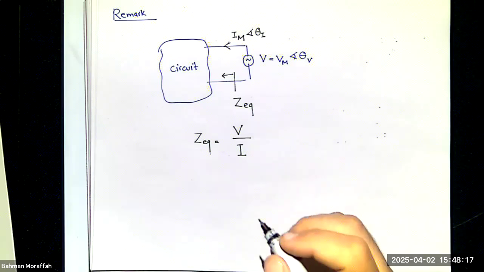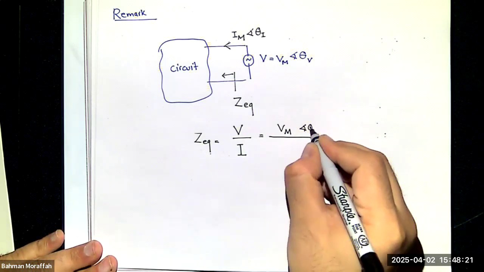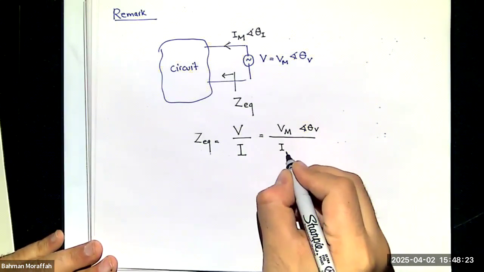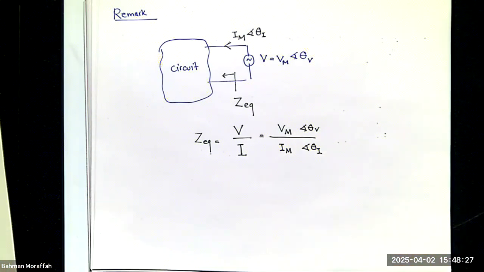But what is V? This V is Vm with phase theta V. This I is Im with phase theta I. If I divide two complex numbers, what am I doing essentially? I'm dividing my magnitudes and subtracting the angles.